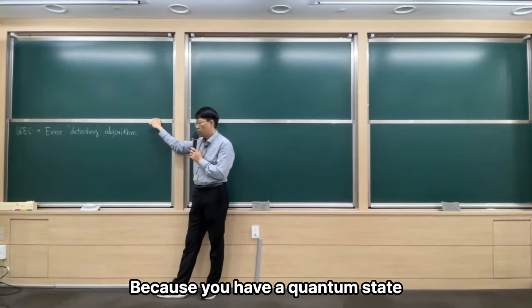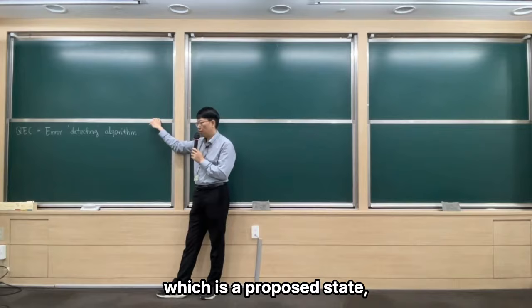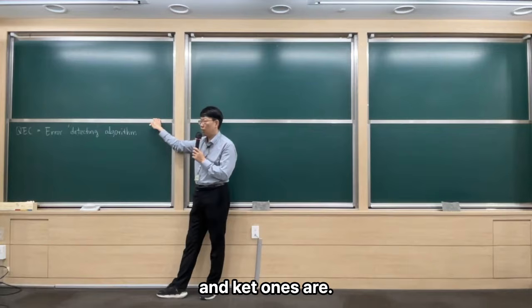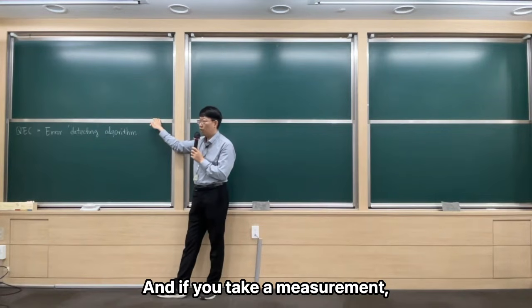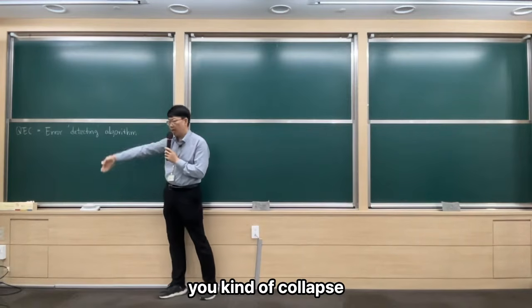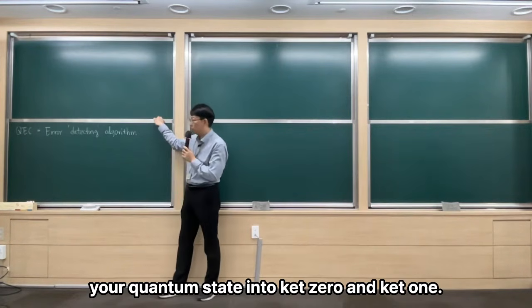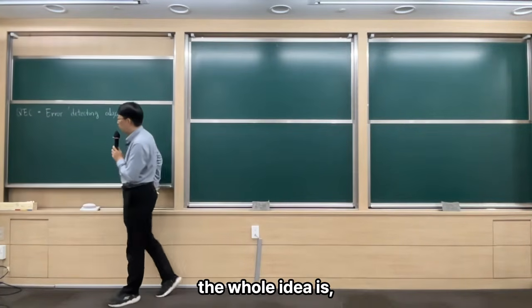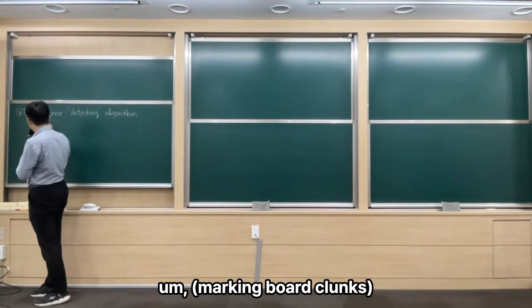You have a quantum state, which is a superposed state. You have no idea what the coefficients of ket 0 and ket 1 are. And if you take a measurement, you collapse your quantum state into ket 0 or ket 1.